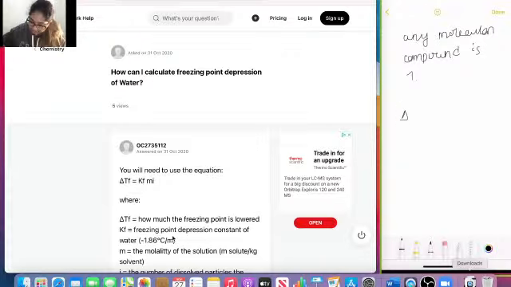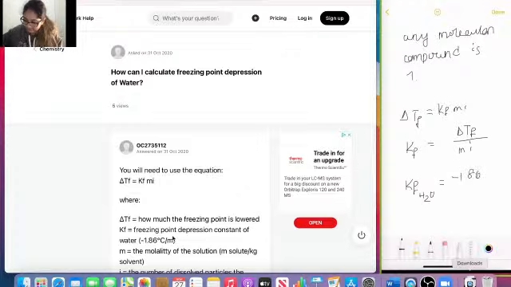We have delta TF equals KF times M times I, so you can rearrange this equation and get delta TF over M times I. However, the KF, the freezing point depression constant of water, is negative 1.86 Celsius over molality.